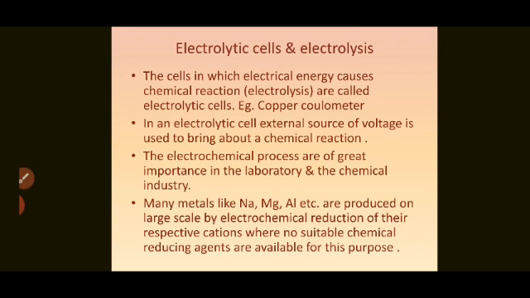Electrochemical processes are of great importance in the laboratory and in the chemical industry. How is this done? Many metals like sodium, magnesium, aluminium, etc. are produced on a large scale by electrochemical reduction of their respective cations, where no suitable chemical reducing agents are available for this purpose.